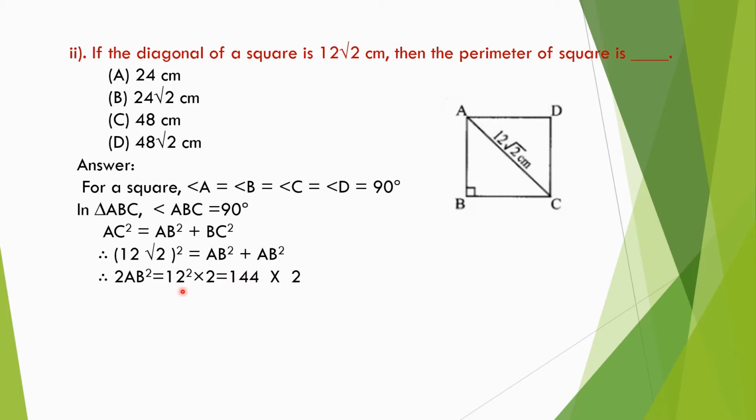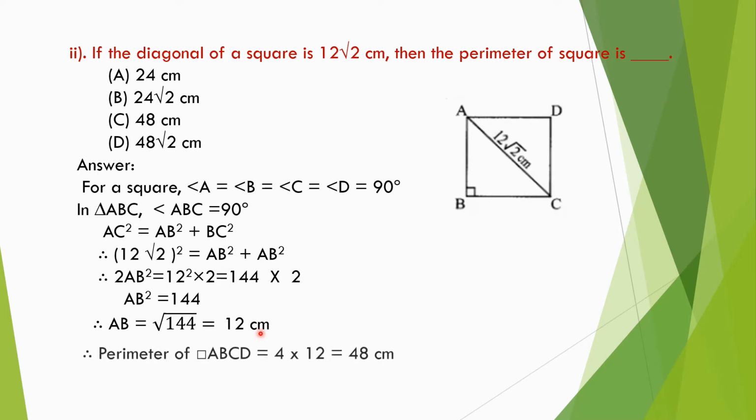Therefore, 12 square into 2, that is 144 into 2. Therefore, AB square is equal to 144, and 2 and 2 are eliminated. Therefore, AB is equal to square root of 144, which is 12 centimeter. That is, the length of one side is equal to 12 centimeter.